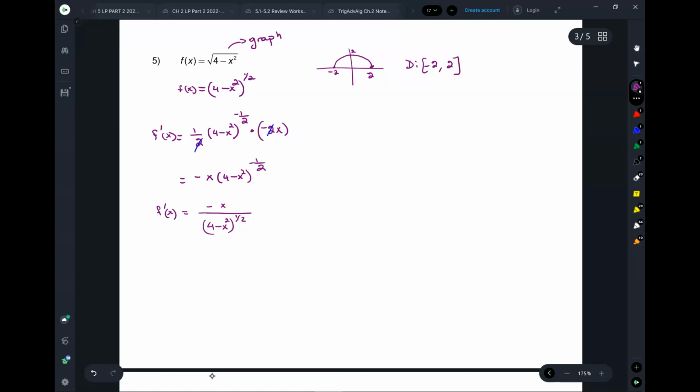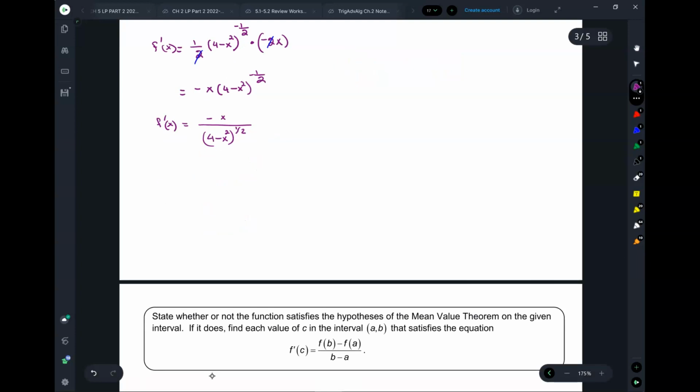We're cool with this? Okay, now, critical points. Where is f prime 0? Numerator equal to 0, so x is 0. Where is f prime undefined? The denominator, so 4 minus x squared to the 1/2 equal to 0. 4 minus x squared equal to 0.